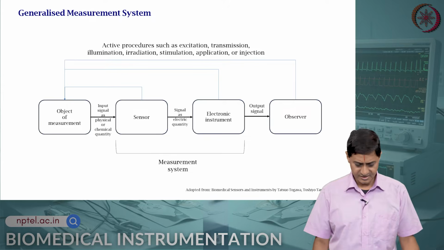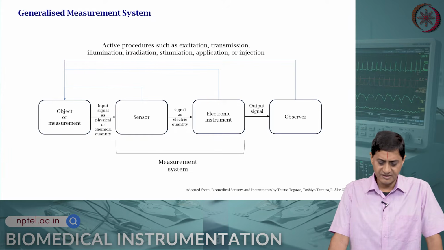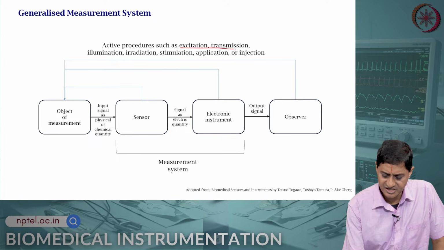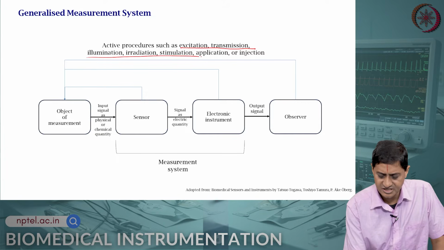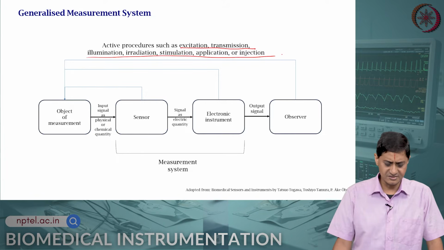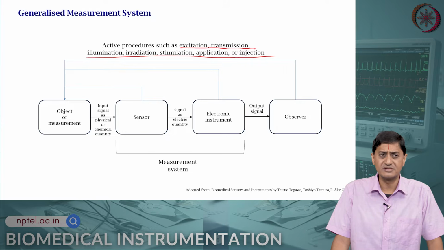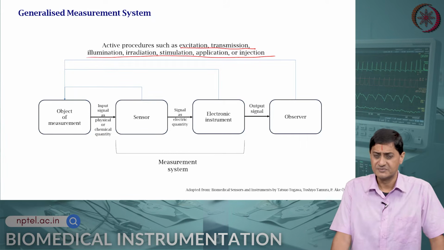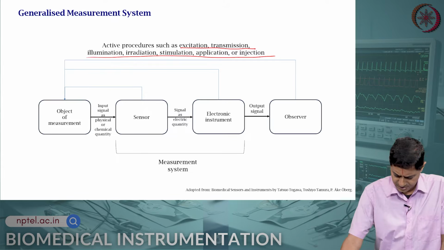Right. This is a generalized measurement system. For example, there can be an active procedure such as excitation, transmission, illumination, irradiation, stimulation, application or injections. Suppose the object of measurement is, say for example, ECG; you are interested in heart function, right.